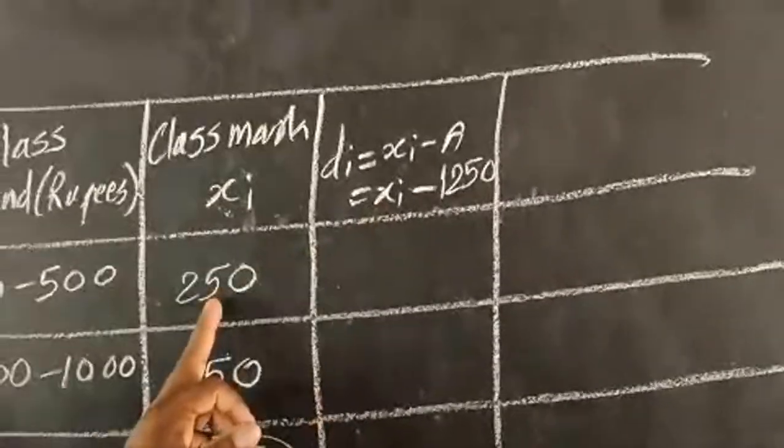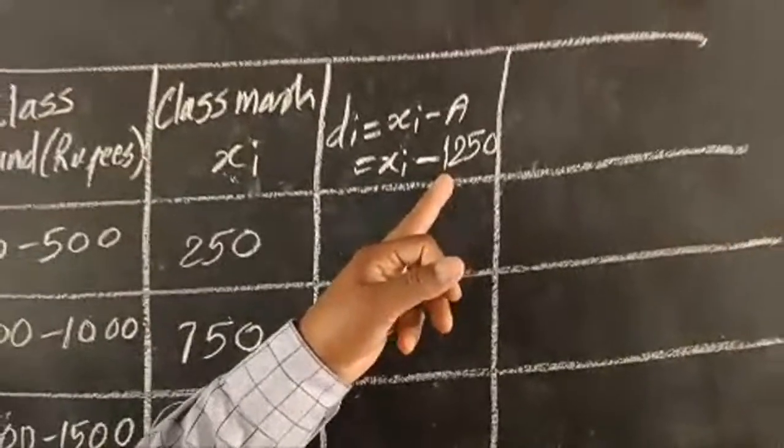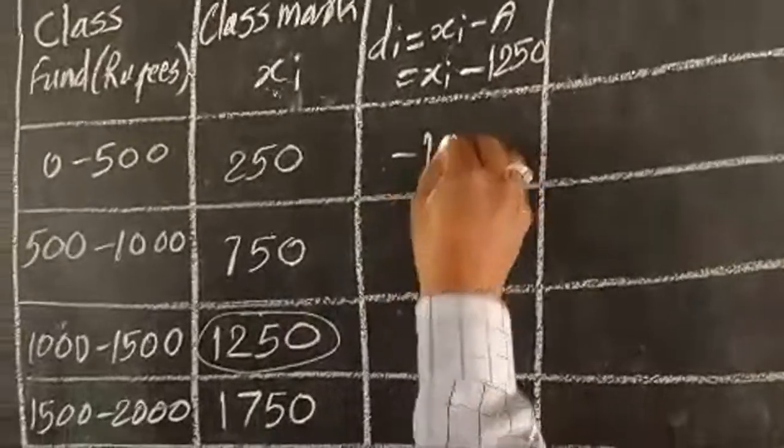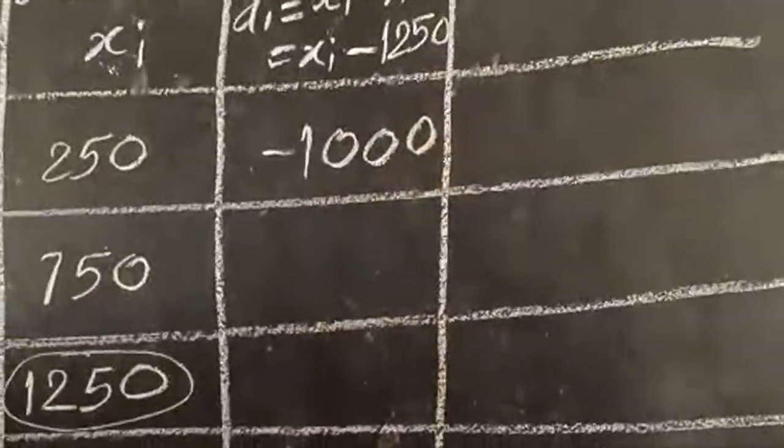Value of xi is 250 minus 1250, minus 1000. Yes, correct. Minus 1000 we get here.